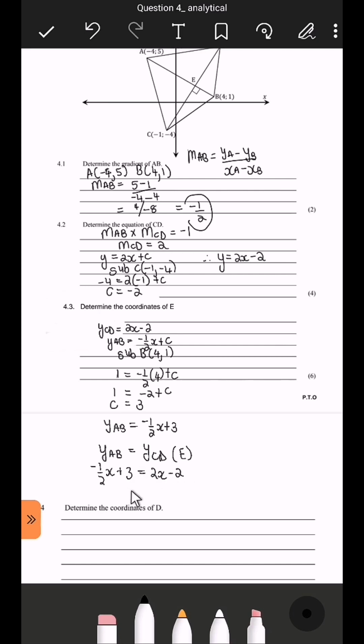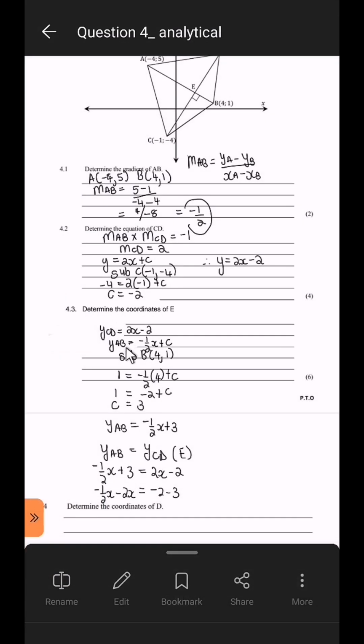Then we're going to take variables to one side and numbers to the other side. So we're going to have negative 1 over 2x minus 2x, and on this side, we bring over the 3, so we're going to have negative 2, negative 3.